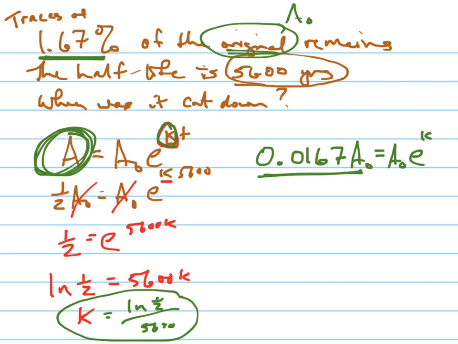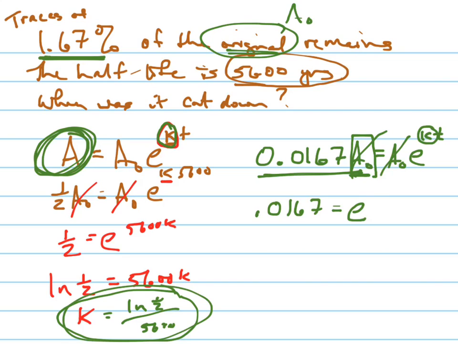So remember, I have my k. I already solved for that. What can I do with my A sub 0s now? Those are going to cancel out. So here's my equation: 0.0167 equals e to the kt, and they're asking when was it cut down.